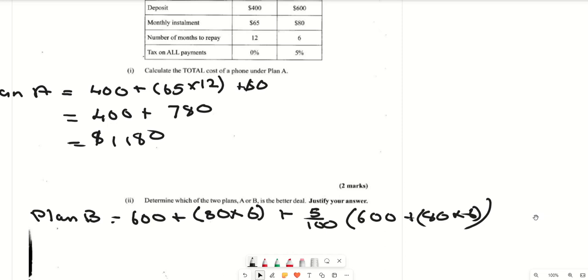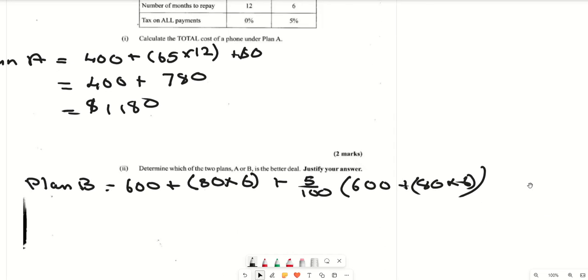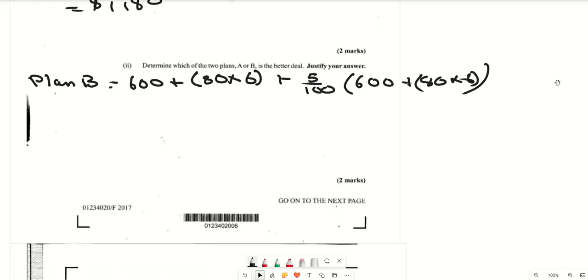First off, because it said 5% of the cost, that is 600 plus 480 plus, you can do this in a calculator. Now we know the brackets are 600 plus 480, so that's 600 plus 480 multiplied by 5%.